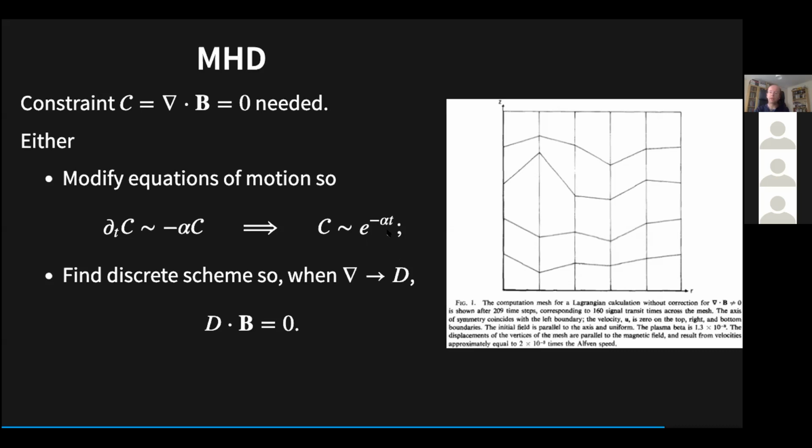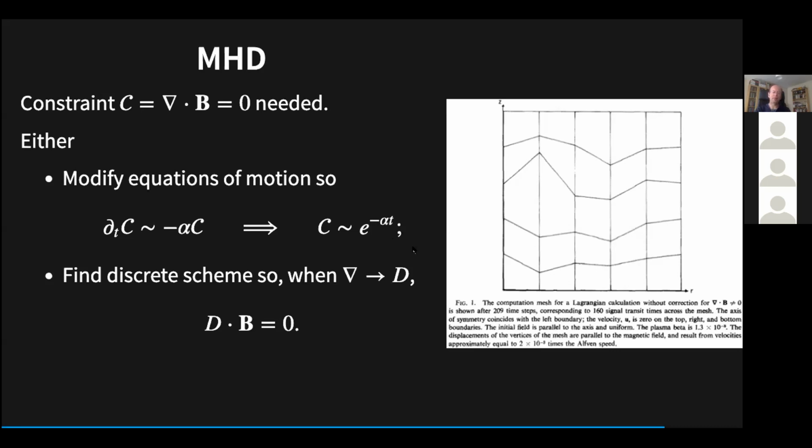The interaction of the violations with grid boundaries, particularly adaptive mesh refinement grid boundaries, can be very messy. You can find that in some simulations that use constraint damping, the imprint of the grid boundaries can be seen both in the variable controlling the constraint propagation, but it can also feed back into the physical terms themselves, which is very much not what we want.